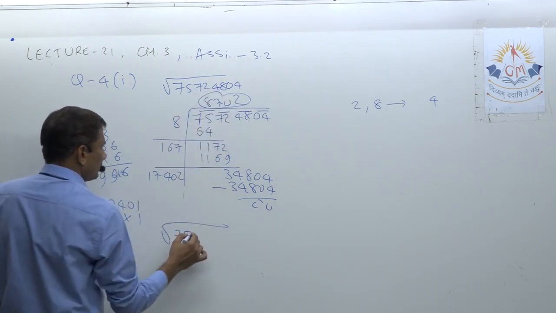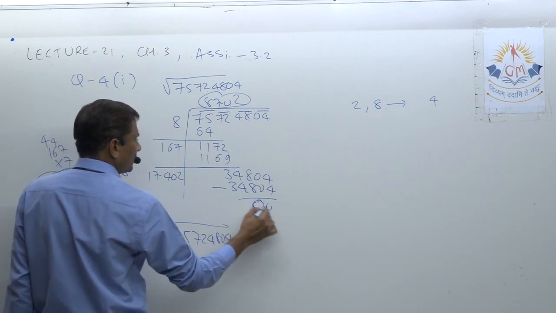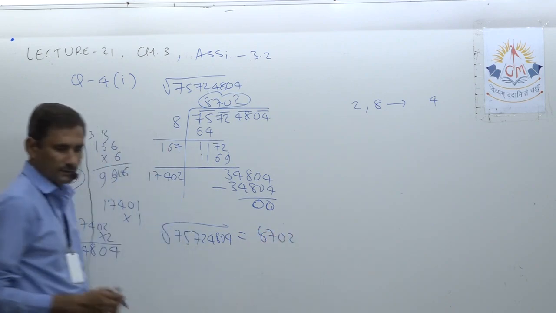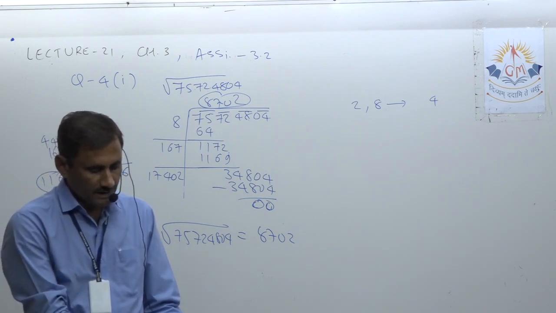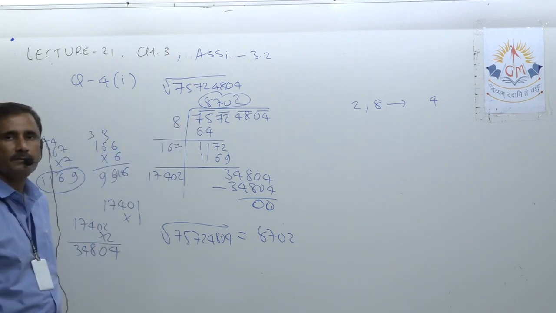So now the square root of 75724804 equals how much? 8702. You can verify it also. Okay, if you multiply 8702 twice, then you can get the same answer there.